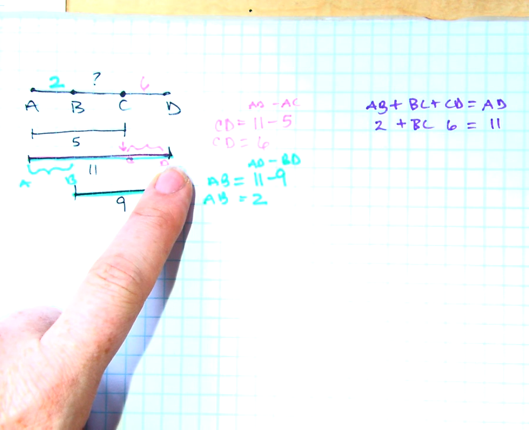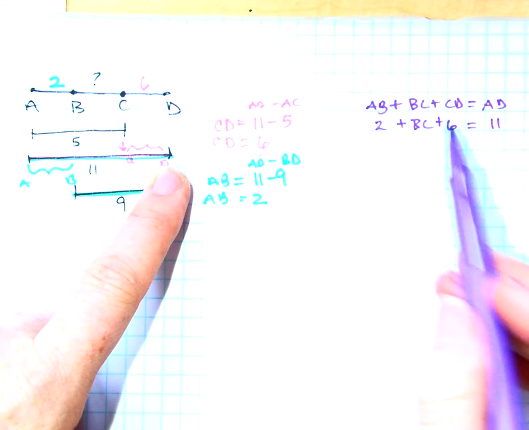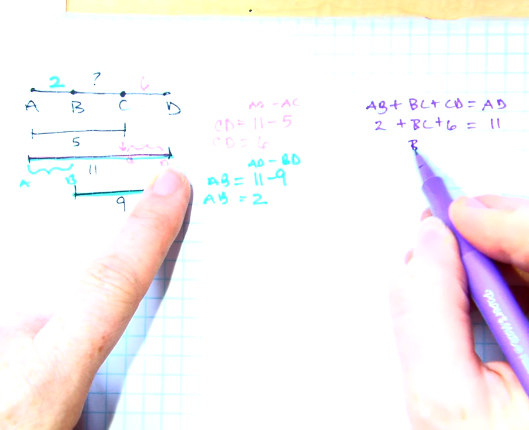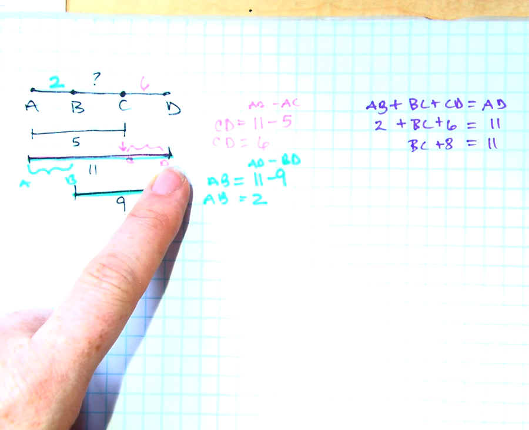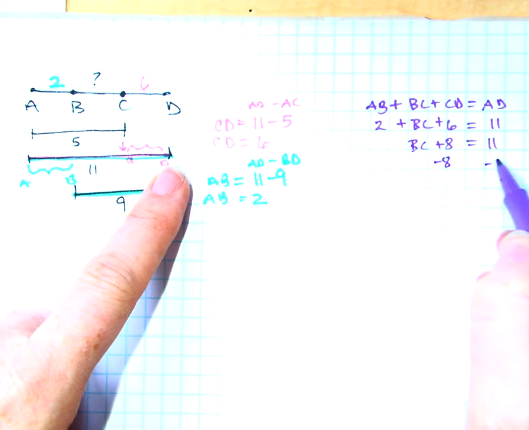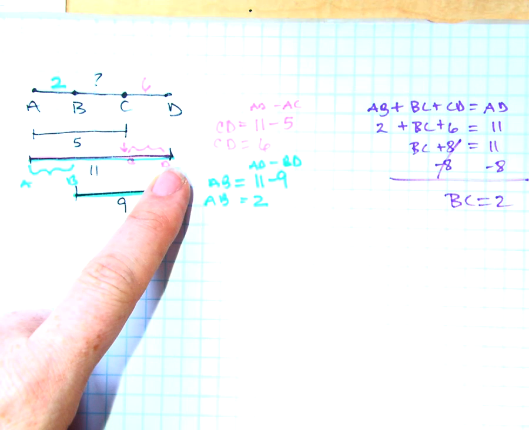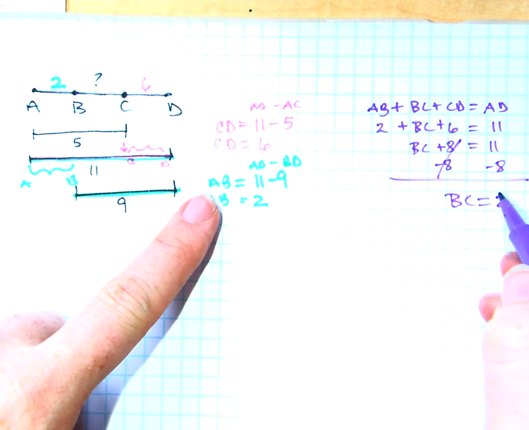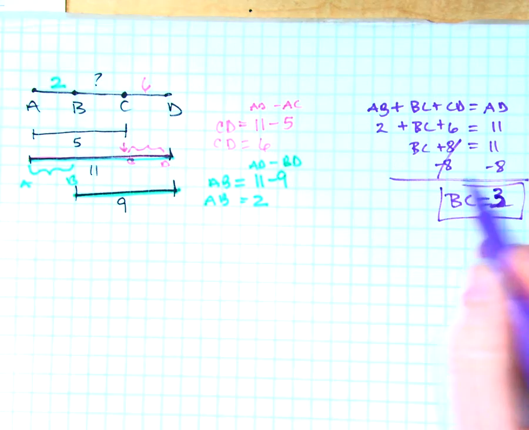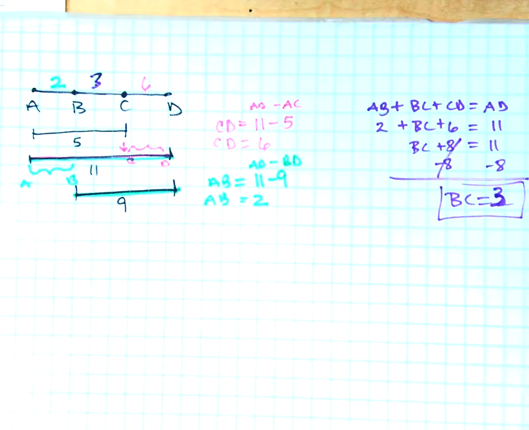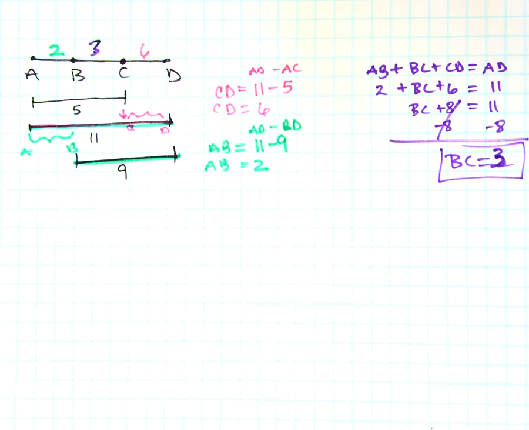It was 11. Right? So now I can combine like terms over here. And BC plus 8 has to be 11. So when I subtract, I get BC is equal to 3. Right? So that's that section.